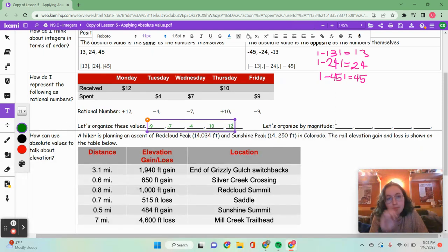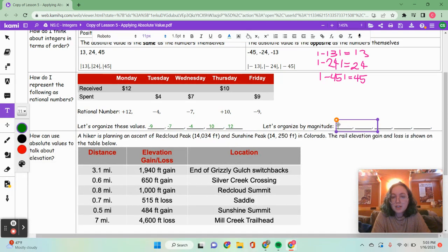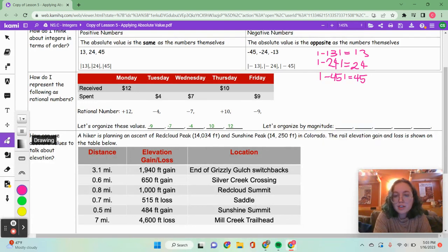If I'm trying to organize by magnitude, then I need to think about their absolute values. So which one has the lowest distance from 0? Well, the one that has the lowest distance from 0, or the smallest amount of money gained or lost, is negative 4, right? Actually, I want to draw these so that I can draw the absolute value sign.